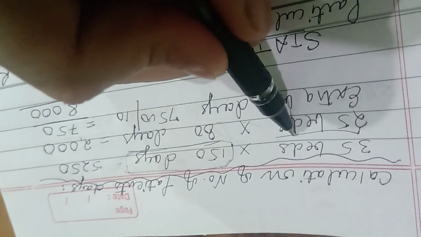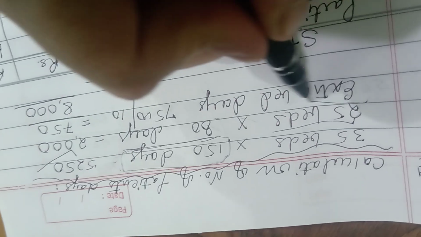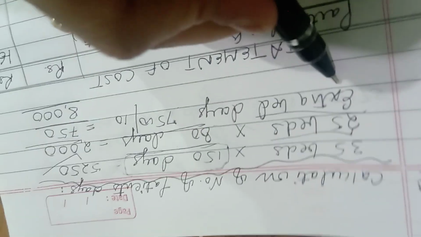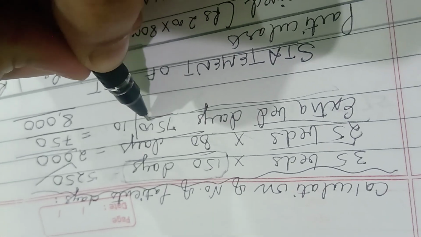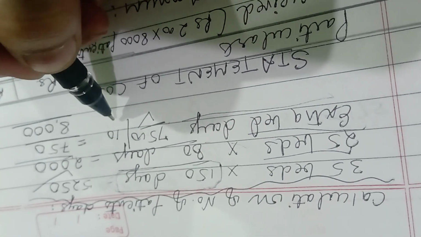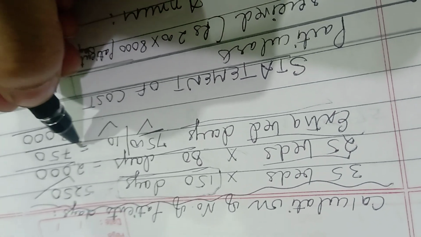So 150 days into 35 beds, that is coming 5250. Remaining 25 beds into 80 days, that is 2000. Now extra bed days, that is given in the question, the charges were 7500 and the rate was rupees 10 per bed. So it is coming 750.